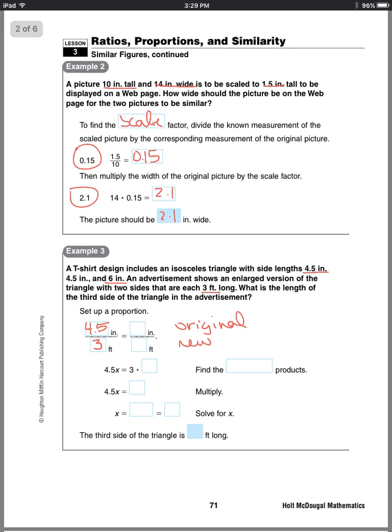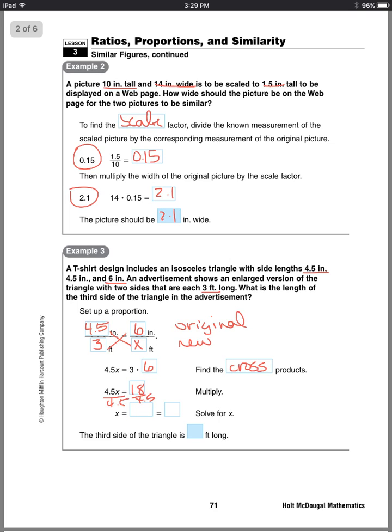Well, the length of the third side in the original was 6, and we are looking for the new third side. So we're going to find the cross products. We have 4.5 times x, and then 3 times 6. 3 times 6 is 18. And then we solve for x by dividing each side by 4.5, because we have to divide by the coefficient.